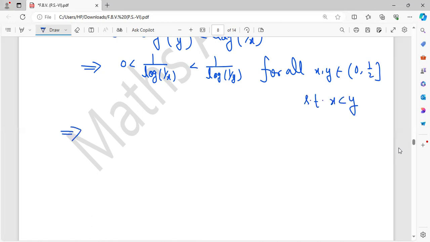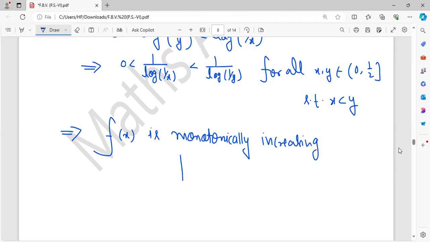So this implies f(x) is monotonically increasing, because f is 0 at x equal to 0. So it is monotonically increasing.